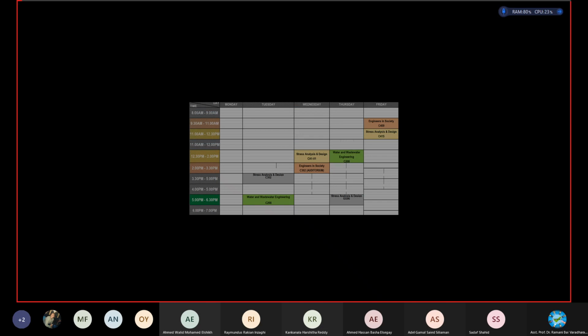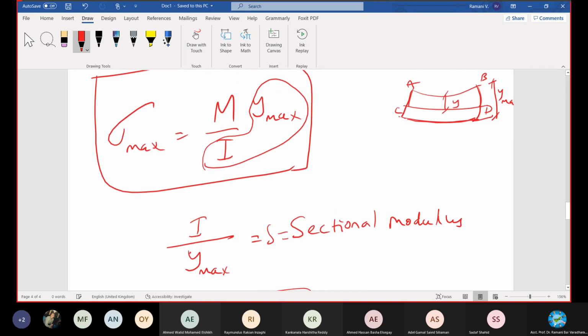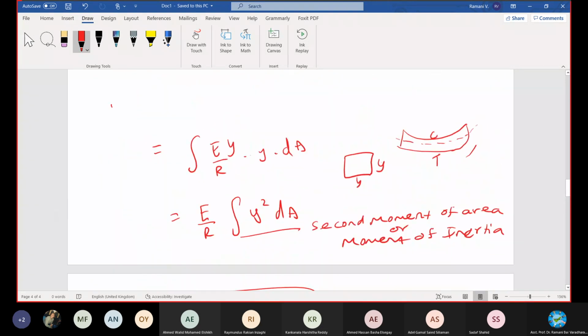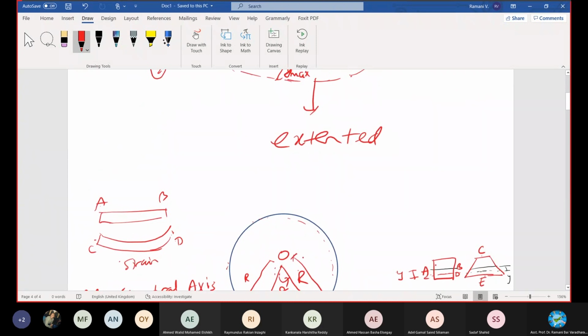Let me save the file. I don't know why you are not answering. It's so disappointing. You have to be responsive and check whether I'm doing it correctly or not. When I say the cross section, you should be able to imagine.